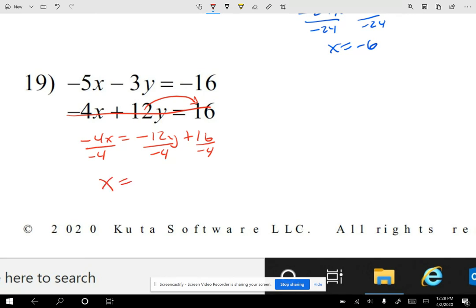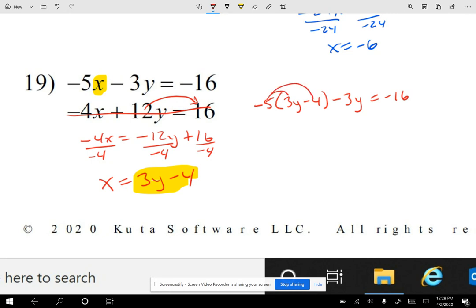So I get that x is equal to 3y minus 4. Now, everything that x is equal to, I'm going to replace it for this x. So I'm going to write -5 times 3y minus 4 minus 3y equals -16.